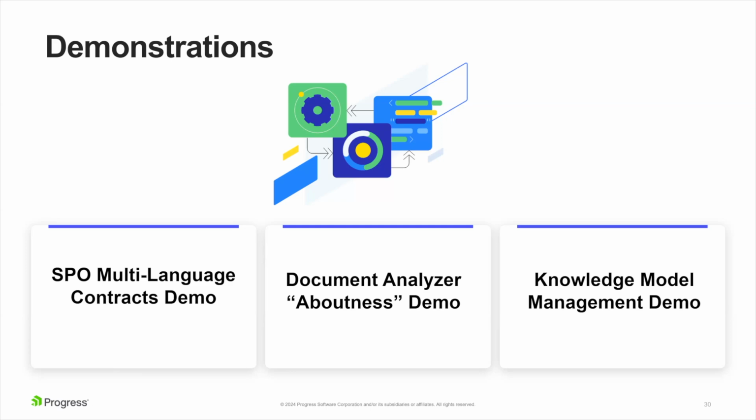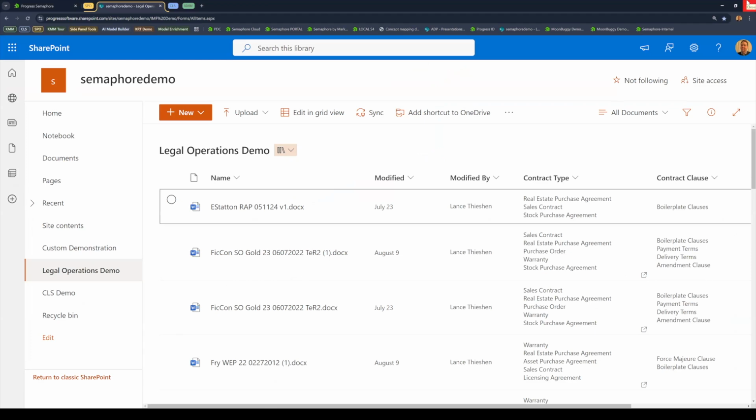And then finally, we'll go into Semaphore's knowledge model management module, and we'll look at the knowledge model that we use to identify the contract that we auto tagged. So you'll be able to connect the dots from the knowledge graph back to the classification to what happened in SharePoint.